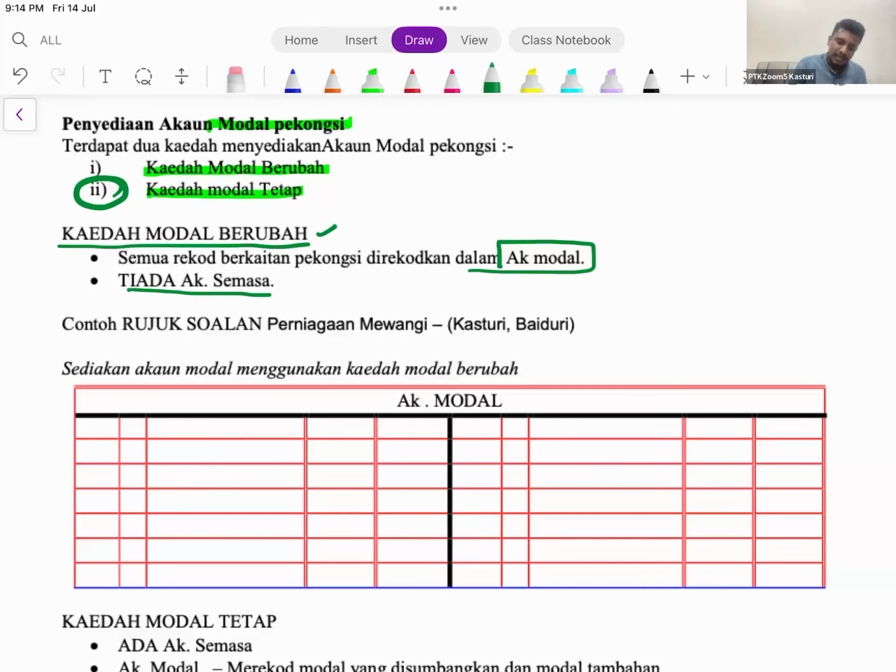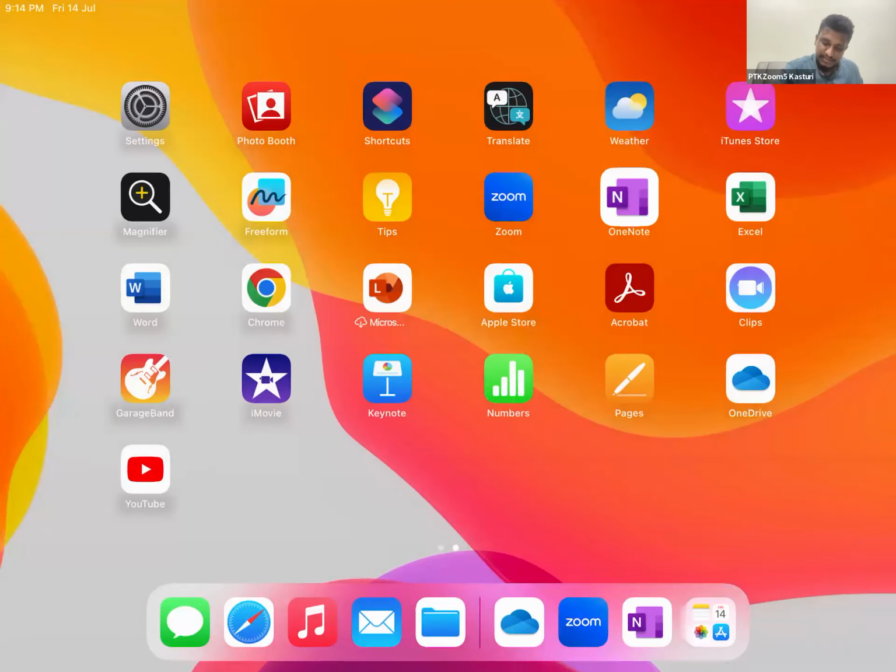Okay, the contoh here say, rujuk soalan perniagaan mewangi. Itu Kasturi dengan Baiduri. So you remember the previous question that we did? Okay, can you take out the answer?